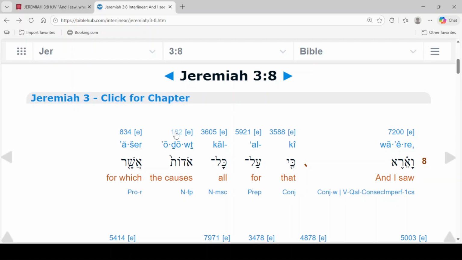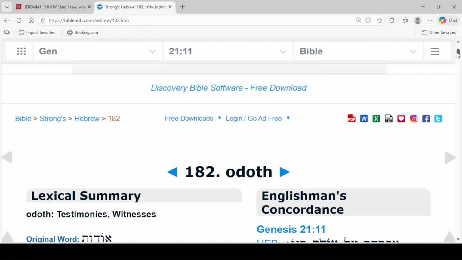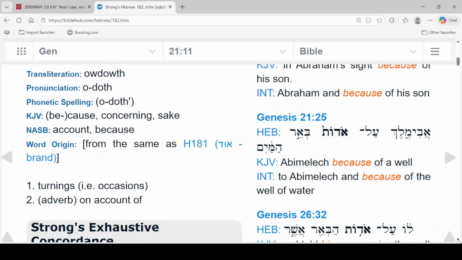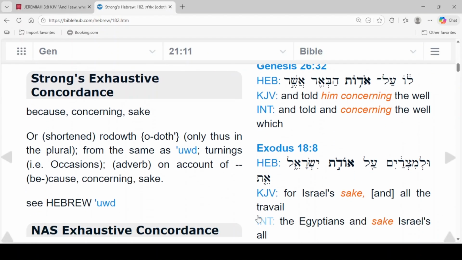Here, as I click onto the word study, the broad sense of the word is odoth, as it is expressed here, odoth. But that's the shortened version right here, odoth.